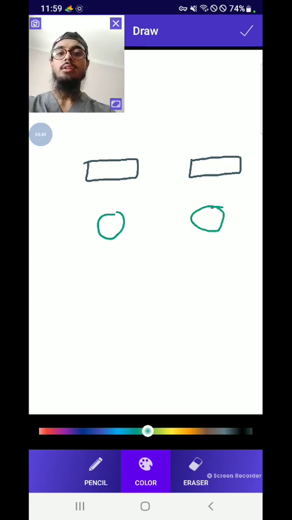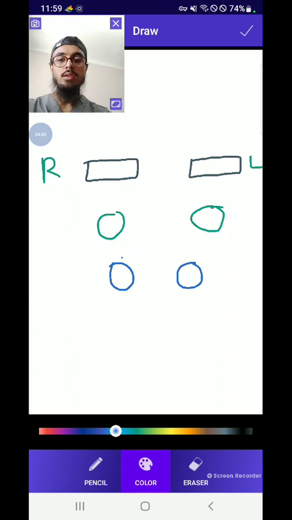This is our right side, this is our left side. Now I draw the structure of cranial nerve 3, which is here, and now cranial nerve 6.